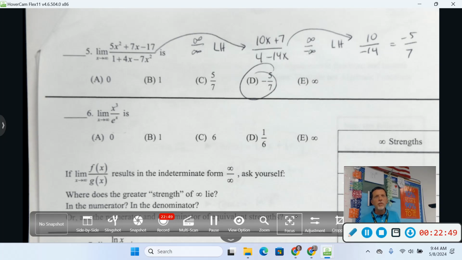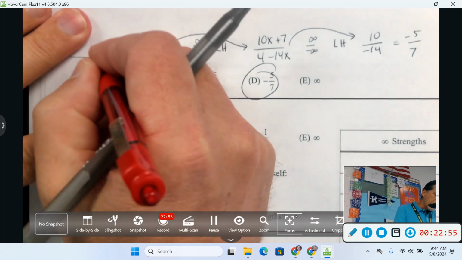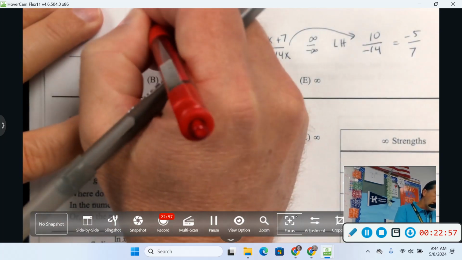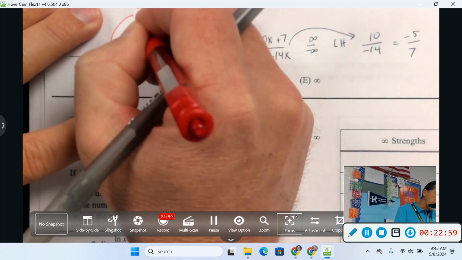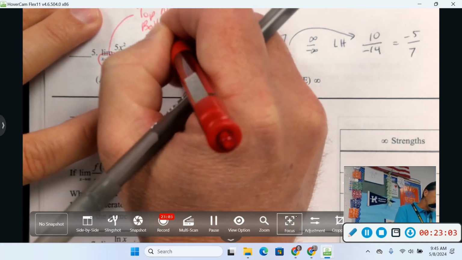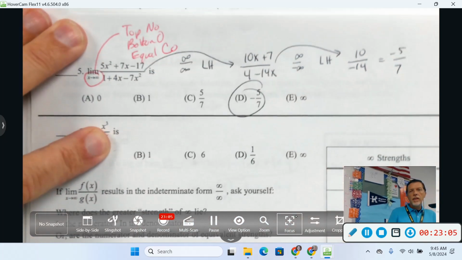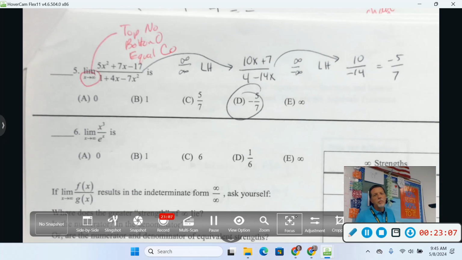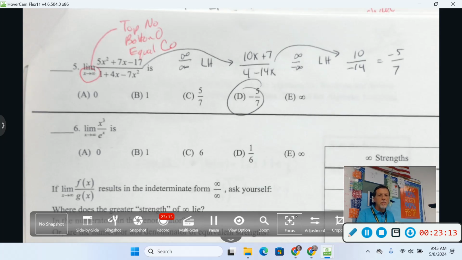Do you remember the rule? If you have x going to infinity, that's when you can do top no, bottom O equal co. But L'Hopital is pretty easy, so either one, whichever you like. They both get you there.